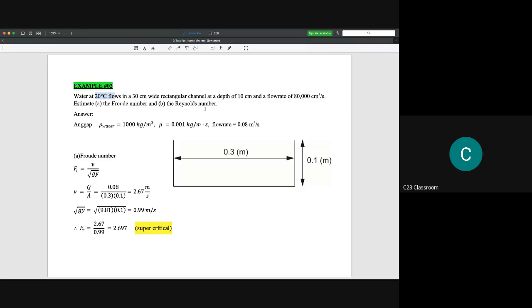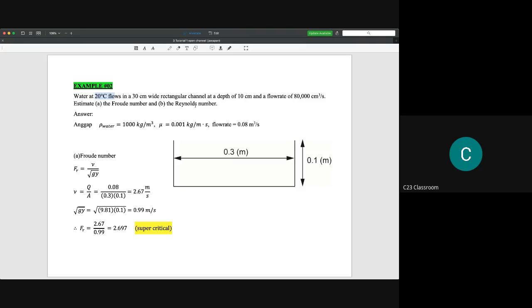Here, please be careful because all calculations must be in SI units. So you need to convert the 30 centimeters, 10 centimeters, and also the 80,000 centimeters cubed, meaning you need to convert from centimeter cubed to meter cubed, and from liter to meter cubed and vice versa.